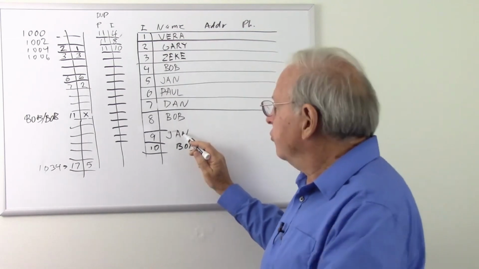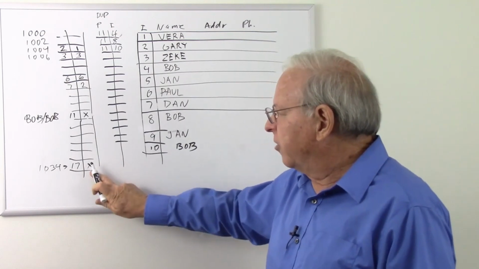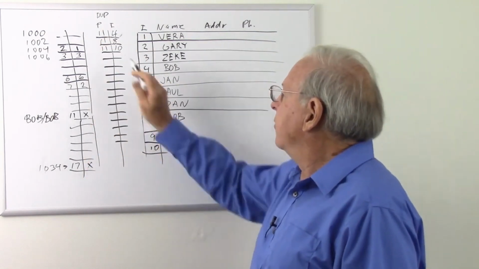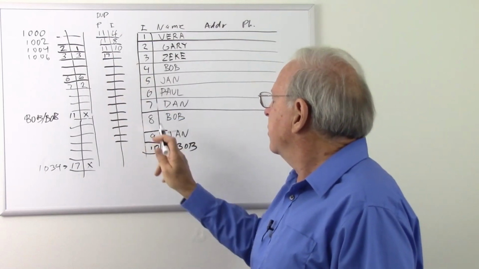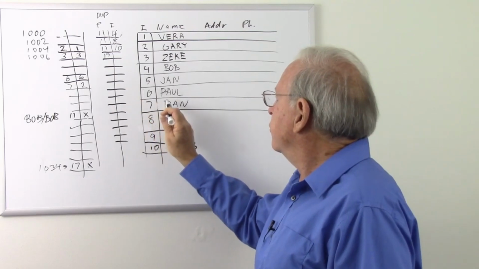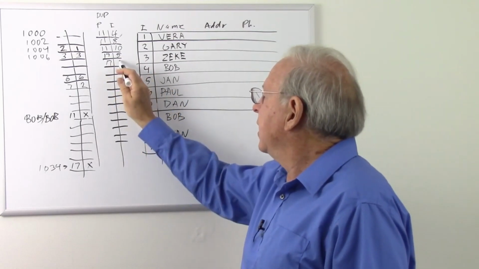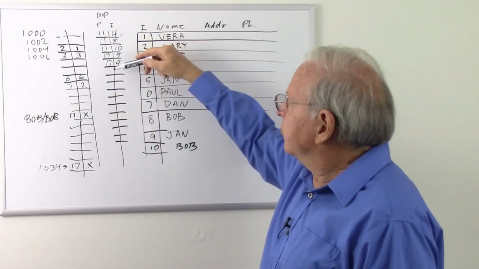Jan comes out to number 17. 17 now has 2 entities, so there's a marker saying, there's 2 Jans here, go to the duplicate table. And so number 17 is also going to go to 5 and to 9. So we have duplicates here. We have 3 Bobs and 2 Jans.